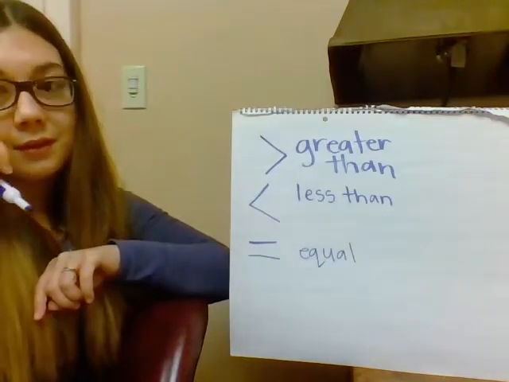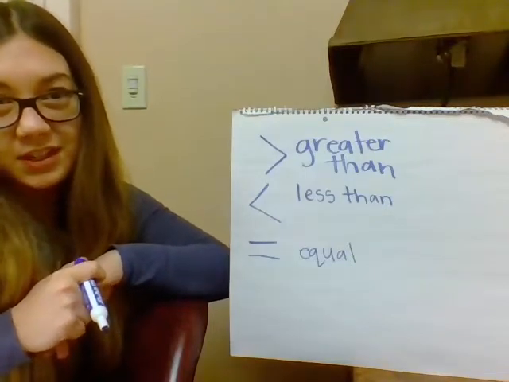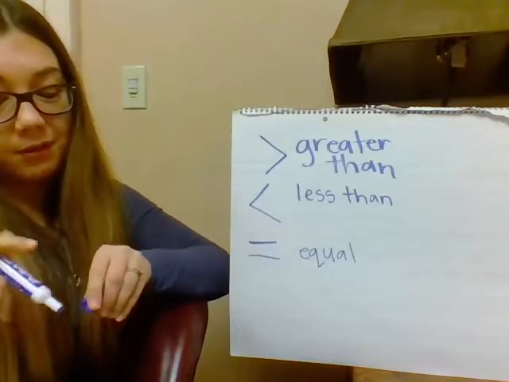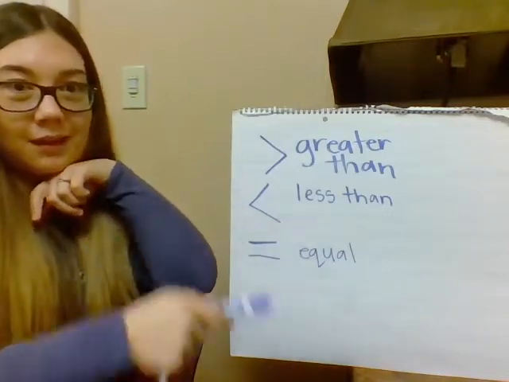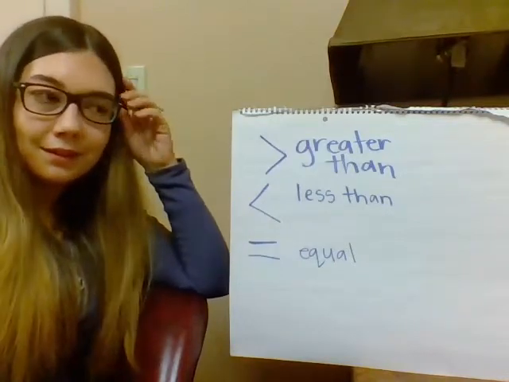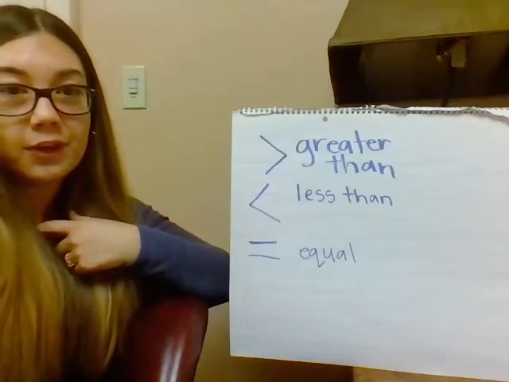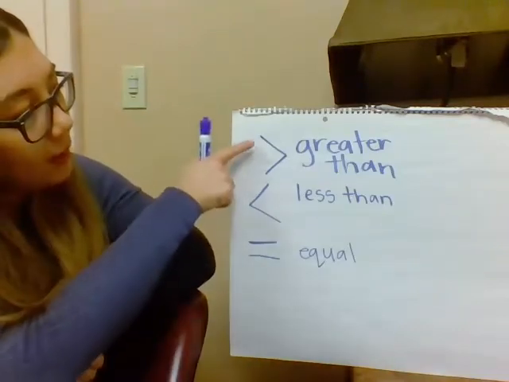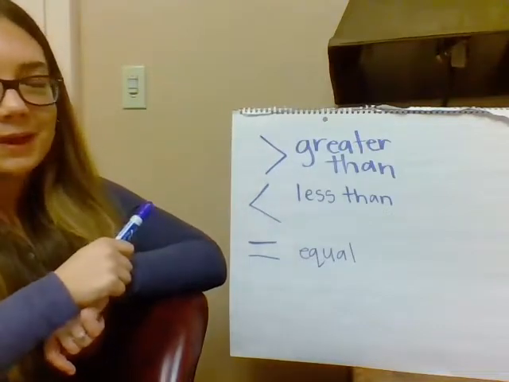I'm going to tell you a little secret. This is a Miss Mims secret. I'm sure your teachers might have the same secret, but I don't know. When I'm comparing and I'm using the greater than symbol or the less than symbol, I pretend they're alligators. It's a little trick that helps me. I pretend that this open part right here is the alligator's mouth.